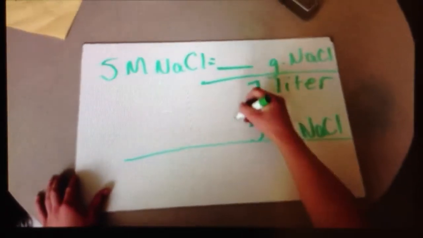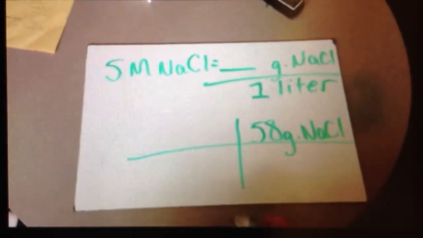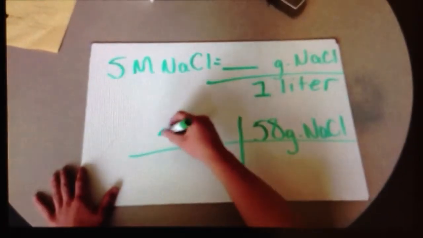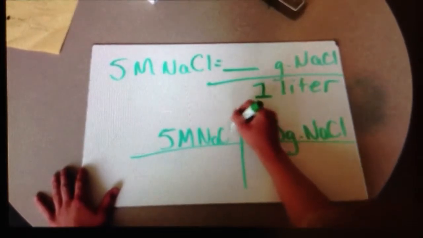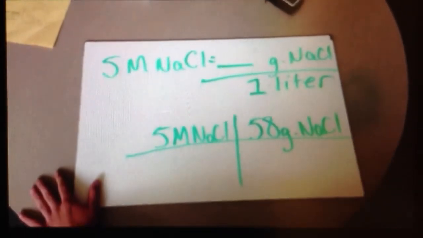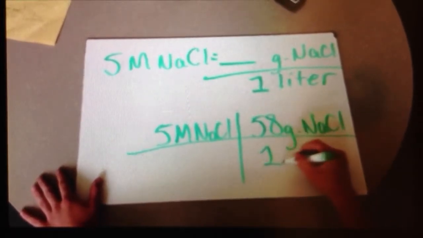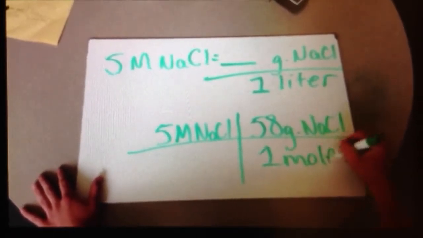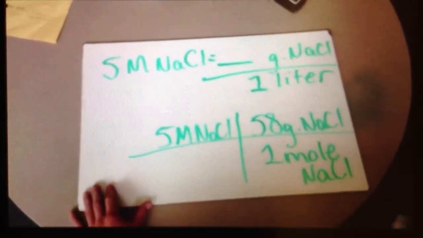You set up your little chart, and you put however many moles you have up here. So you have 5M NaCl. And 58 grams of NaCl is an equivalent of 1 mole of NaCl. You put the grams on top because that is what you're trying to find out.